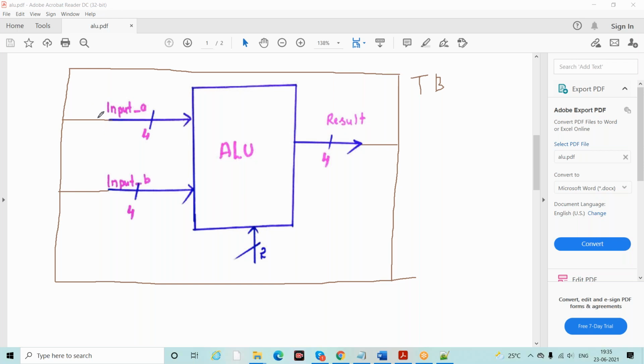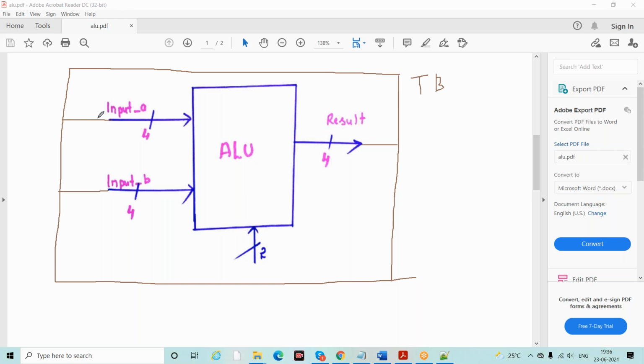You can keep it the same name or a different name. If you use a different name, you may get an instantiation problem. So always while writing test benches, you can keep the same name. It doesn't affect anything because the test bench is a separate part.